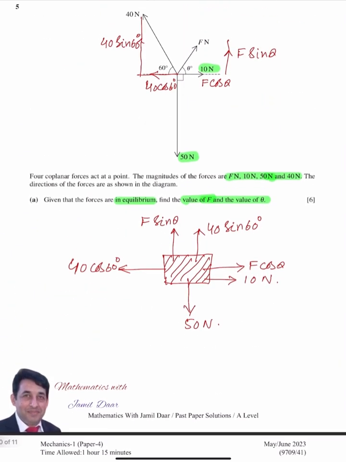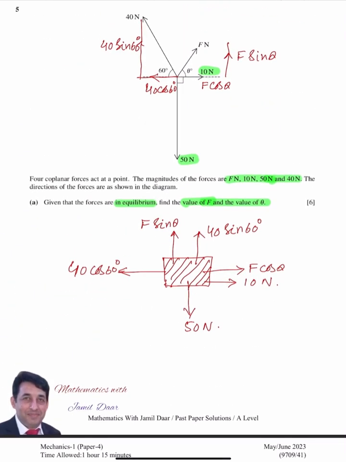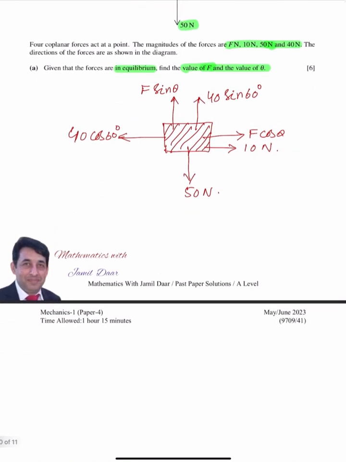Okay, so opposite forces are equal as it is in equilibrium. So F cos theta plus 10 is equal to 40 cos 60. Number one, we have taken the horizontal forces.